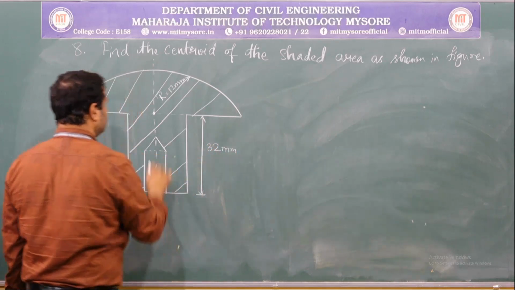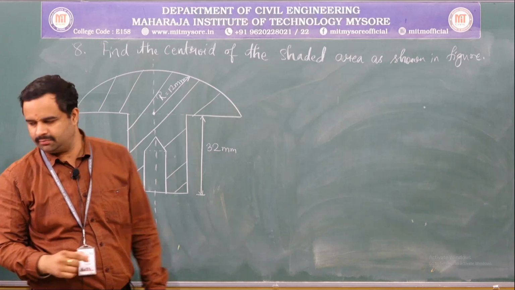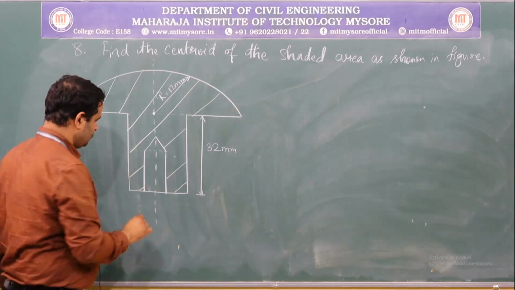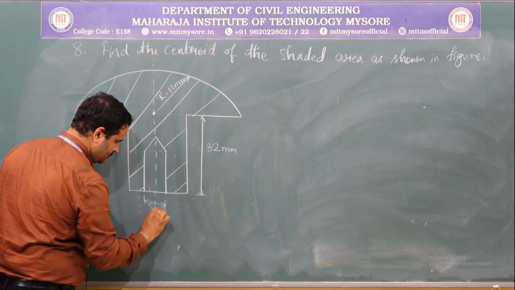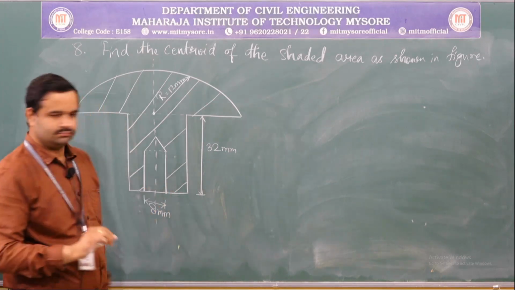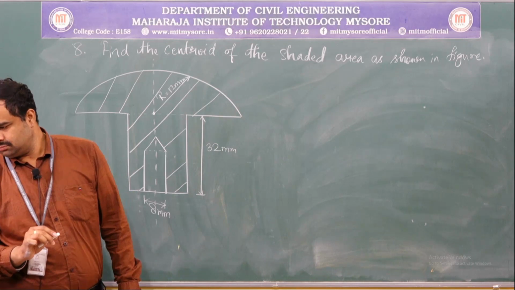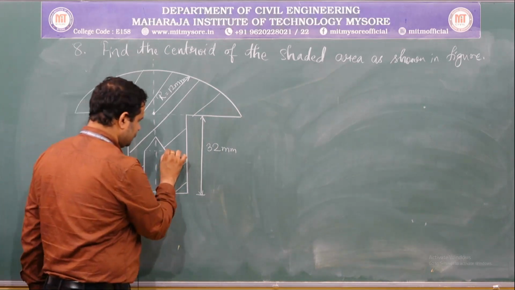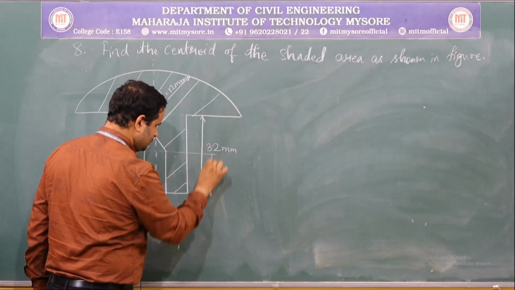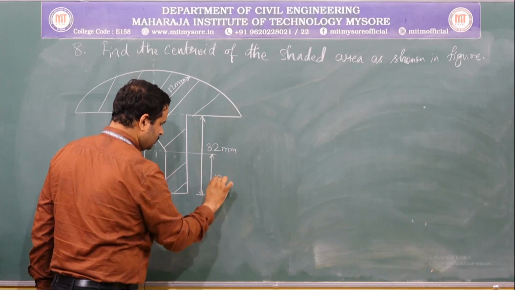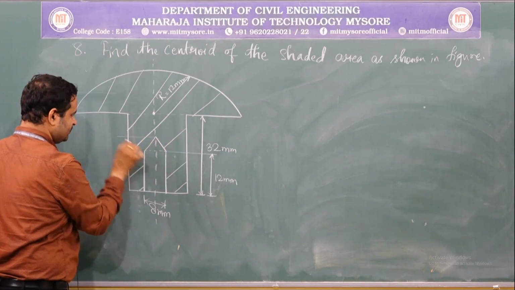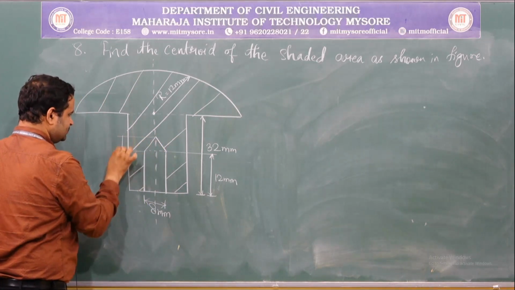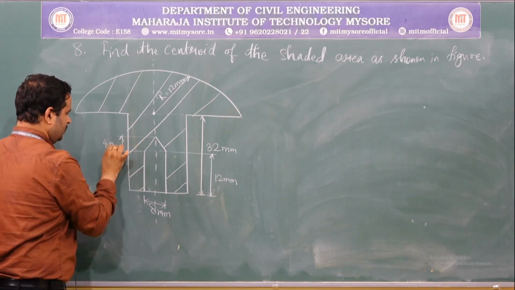This is 32 mm, the radius of the semicircle is 12 mm, this width is given as 8 mm, this height is given as 12 mm, and this particular height is given as 4 mm.